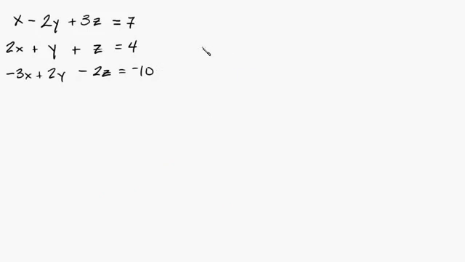Okay, so now what you want to do is set this up in the augmented matrix form. So what you're going to do is take the coefficients 1, negative 2, 3, and 7, and the rest of them, and write them in this form here. So let me start off this way. So you have 1, negative 2, 3, 7, and you have 2 here, a 1 here, a 1 here, and a 4 here.